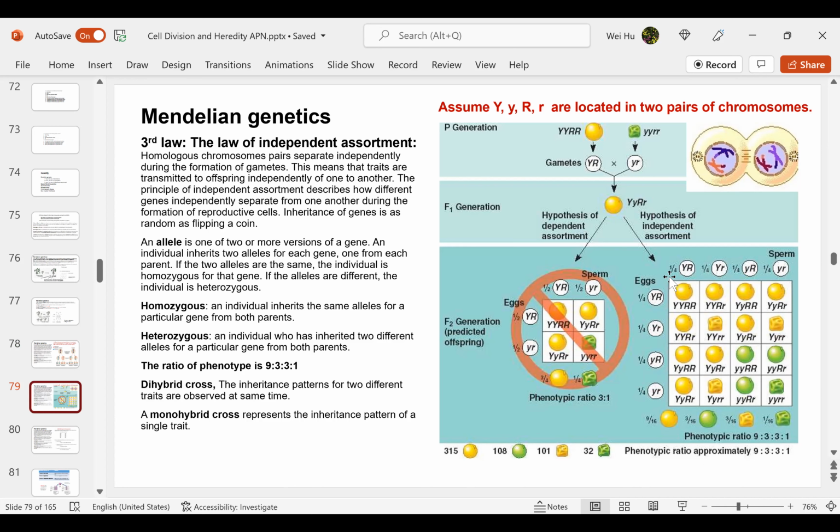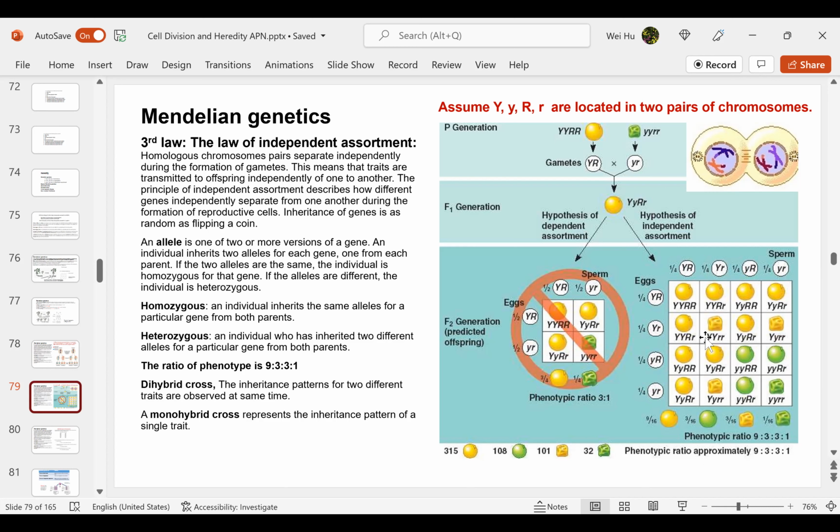Then let's assume that your mother has 2 pairs of chromosomes. Your father also has 2 pairs of chromosomes. So eventually your dad can make 4 types of sperm. Your mom can make 4 types of eggs. When they do fertilization, they can recombine.